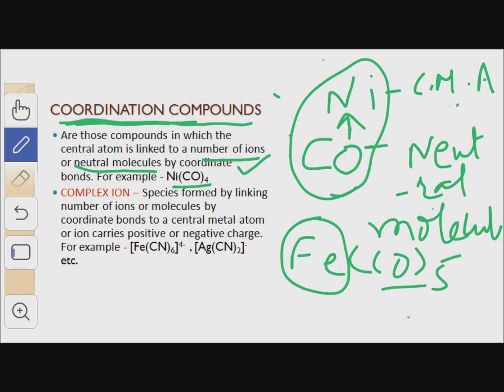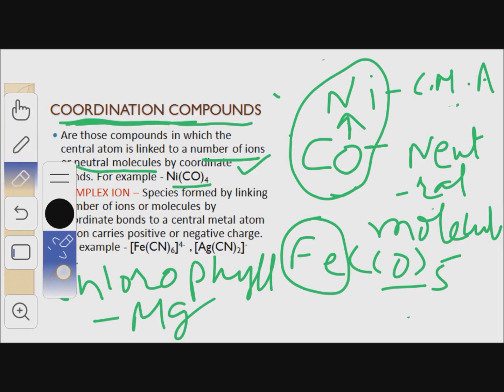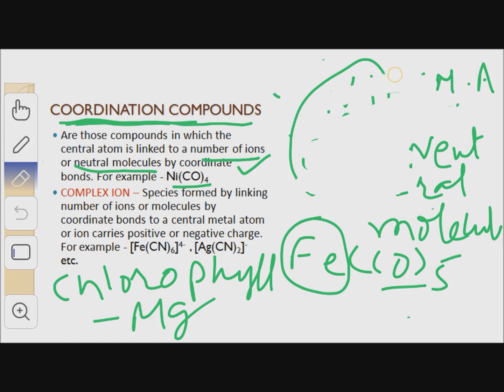For example, chlorophyll, a green color pigment, is a coordination compound of magnesium. Another example is hemoglobin.